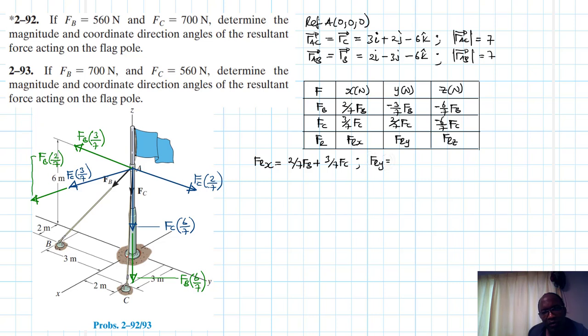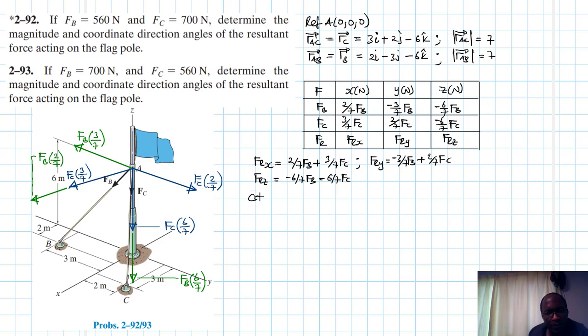FRy is going to be equal to minus 3 divided by 7 FB plus 2 divided by 7 FC, and FRz is equal to minus 6 divided by 7 FB minus 6 divided by 7 FC.